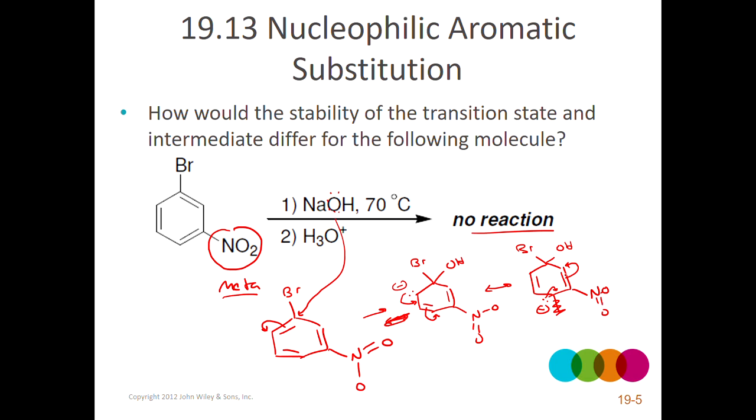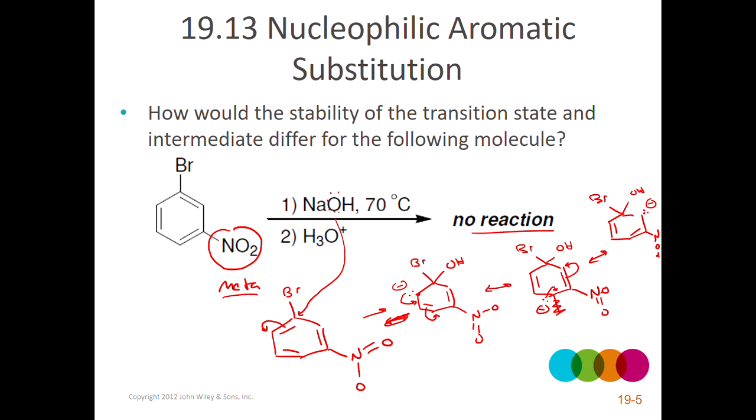In this case, the only atoms that are helping to stabilize that negative are the carbon atoms. That would produce a negative there in addition, and the nitro group would be there. So the nitro group can't help to stabilize that negative.